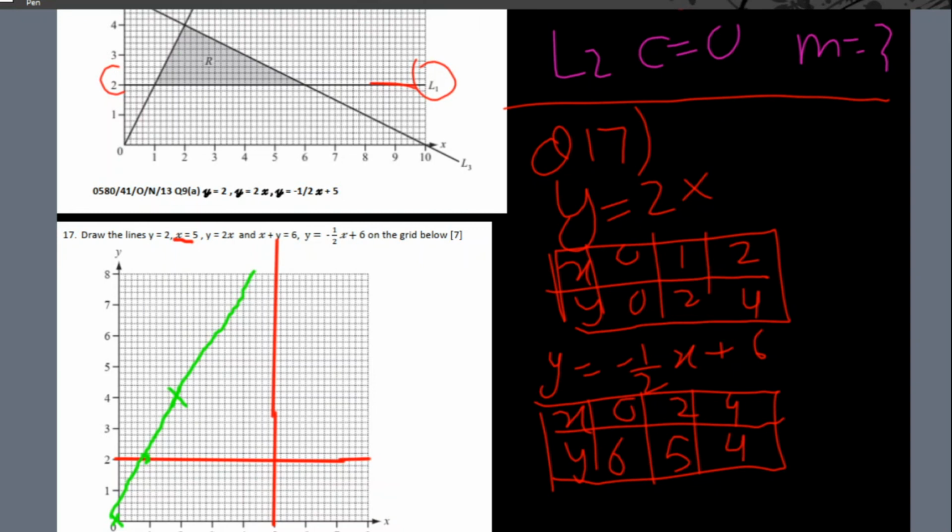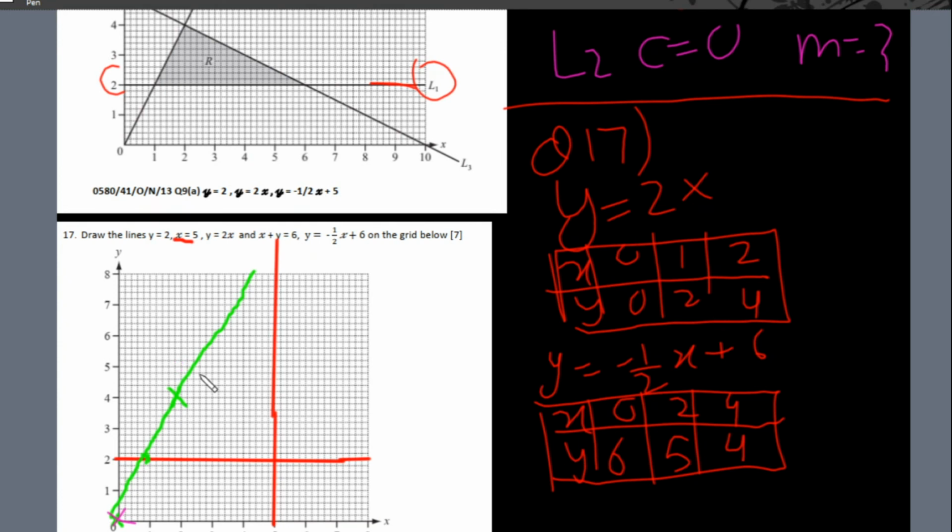Yes. So now let's plot these dots. No, wait. When x is 4, 4 over 2 is... Okay, so there's a mistake. This was 0, 6.